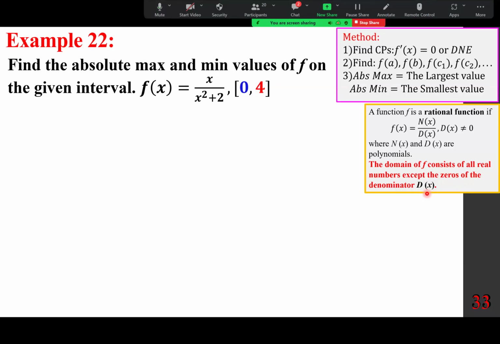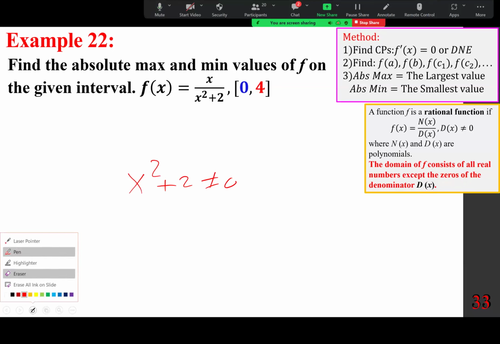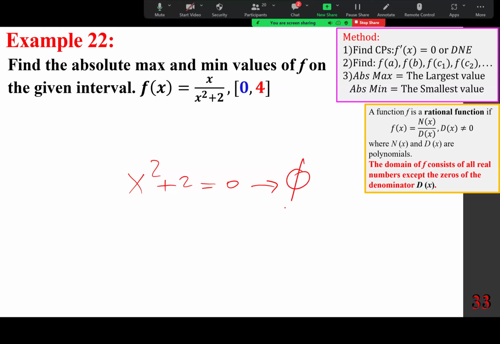So when I set the denominator equal to 0, that gives me no solution, because the denominator is x squared plus 2.